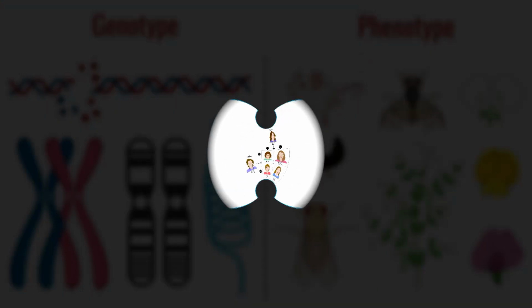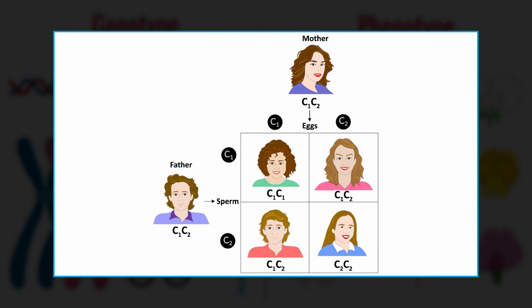However, sometimes the heterozygote displays a phenotype that is intermediate between the phenotypes of both homozygote parents, one of which is homozygous dominant and the other homozygous recessive. This intermediate phenotype is a demonstration of partial or incomplete dominance.